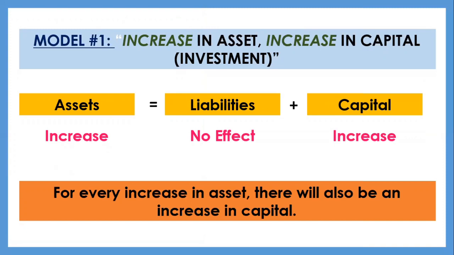Now, under model number 1, usually the examples under this type of transaction is the investment of the owner, whether initial or additional investment. Now, in order for us to better understand model number 1, let us have an example.